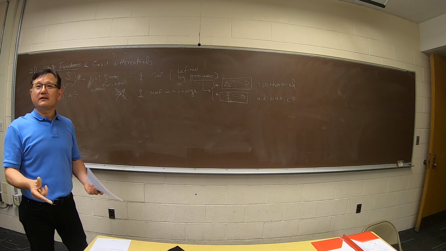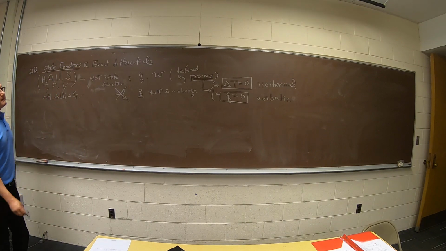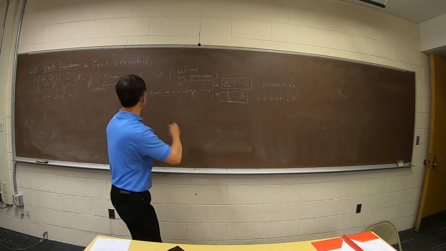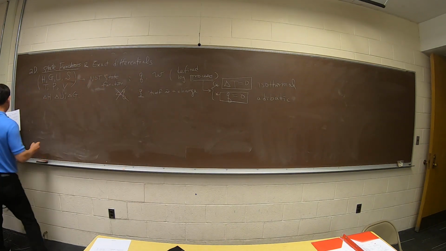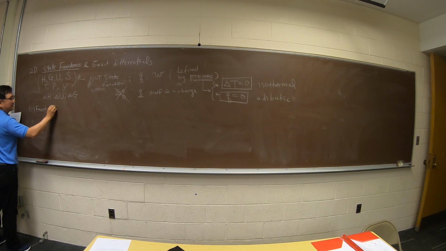So it's an isolated system, an adiabatic system that we are going to talk about. And this is going to be quite a lot involved in here. But anyway, let me talk about exact differential. Let's start with this.